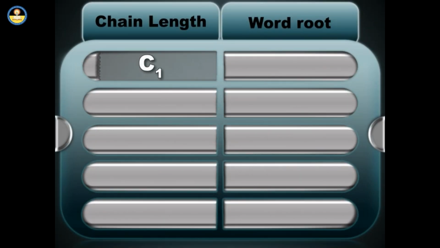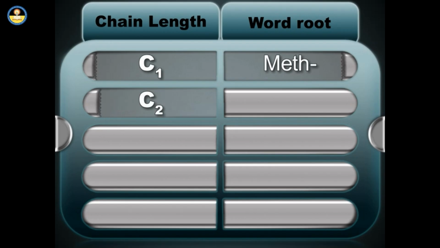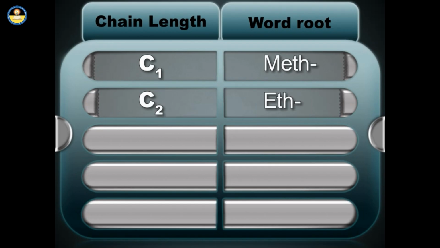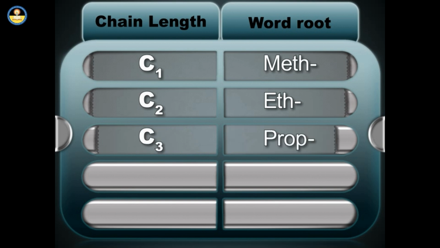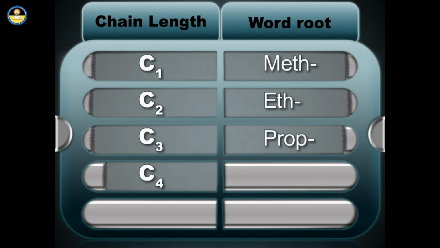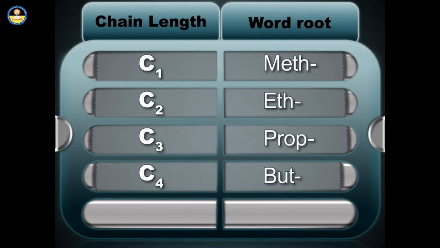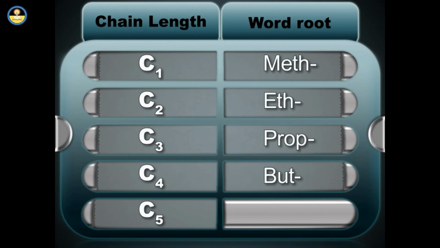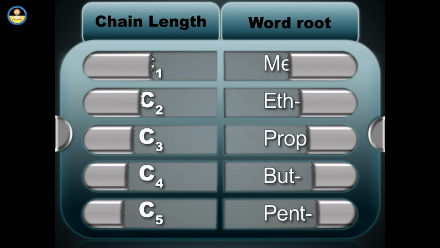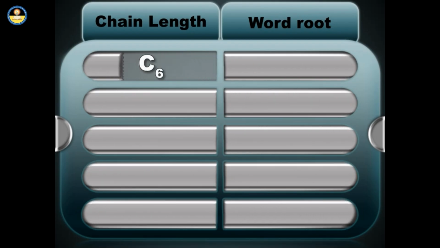Chain length C1, word root meth. Chain length C2, word root eth. Chain length C3, word root prop. Chain length C4, word root but. Chain length C5, word root pent. Chain length C6, word root hex.